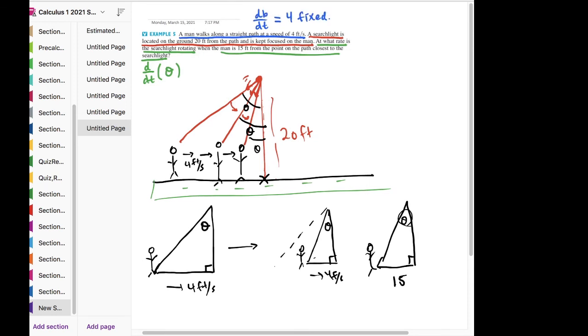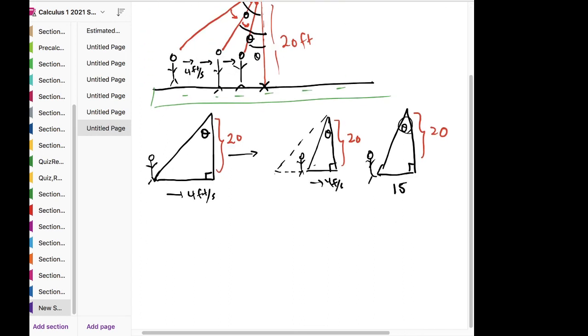Okay, so these are right triangles, right? Do we know anything that's fixed between all these triangles? The y, yeah. So this value is always 20 because the searchlight isn't changing in spatial position.